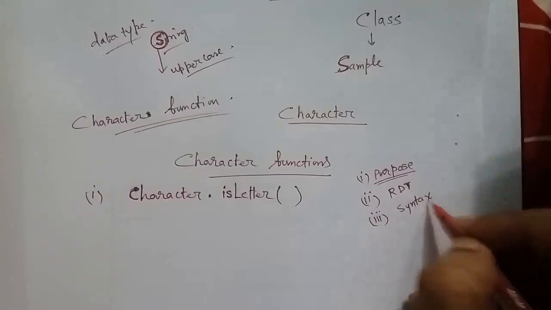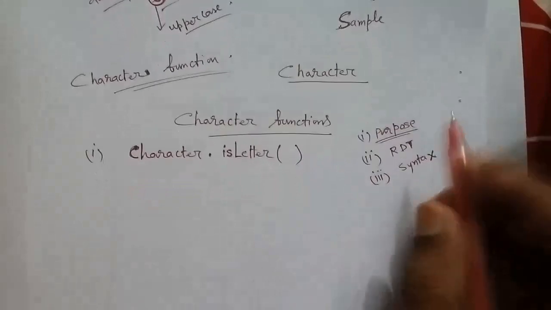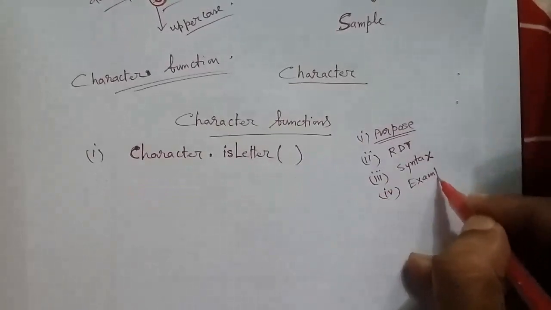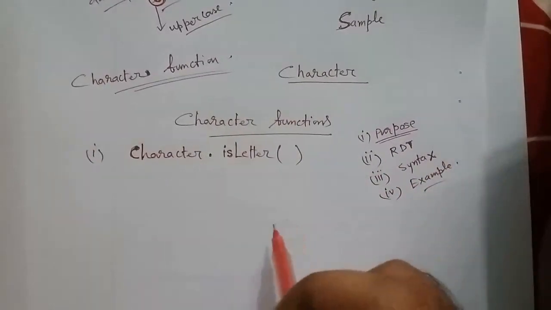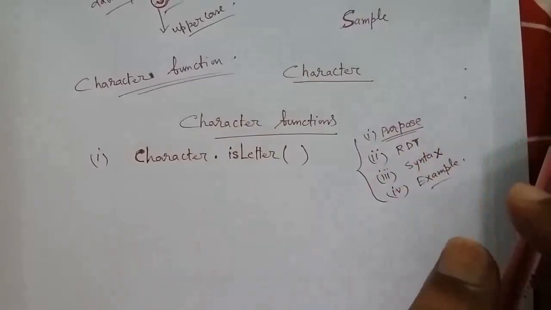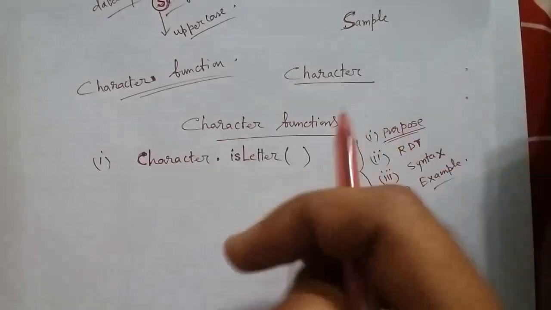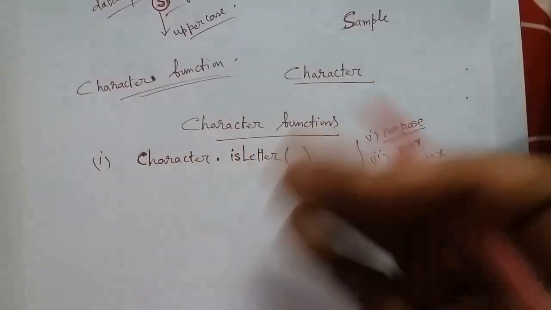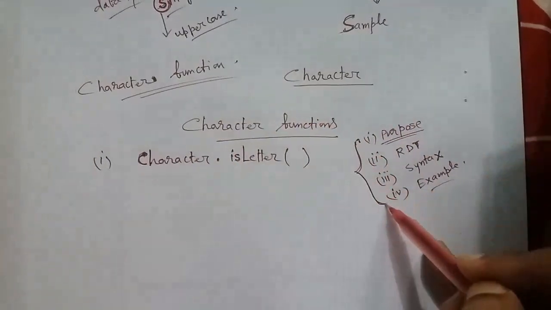If you don't know this, then you cannot apply this method in programs. And number four is an example regarding the method. So these four things you must know about every method, maybe it is a mathematical library method, maybe character functions, or maybe string functions.